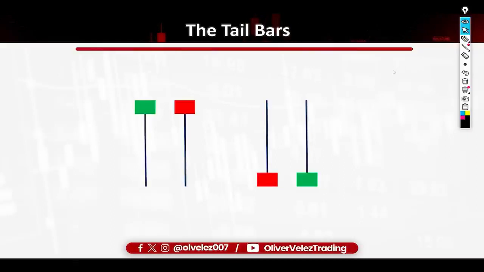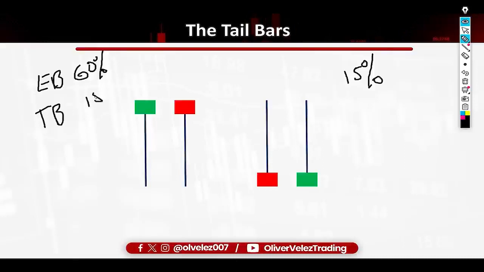Now, remember I told you that the elephant bar will represent 60 to 65% of your trades, right? 60 to 65% of your trades. The tail bar will represent about 15% of your trades. So with elephant bars, let's say you're around 60%, and tail bars, you're around 15%.